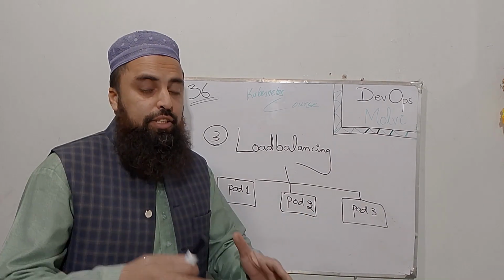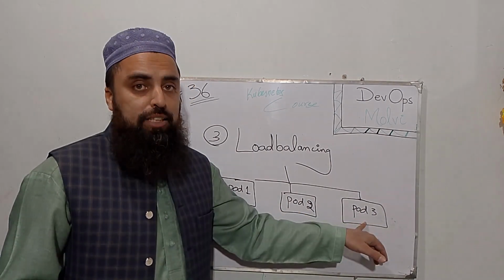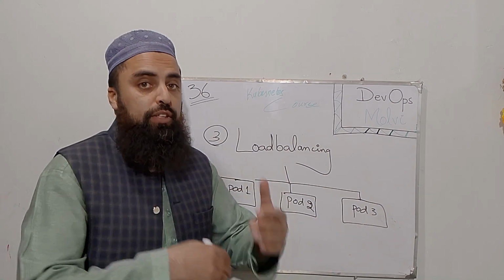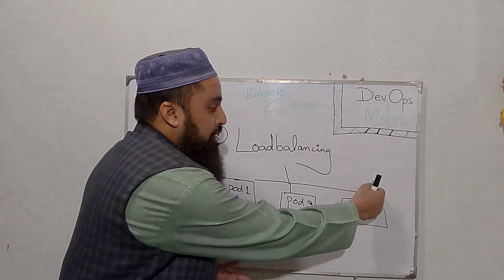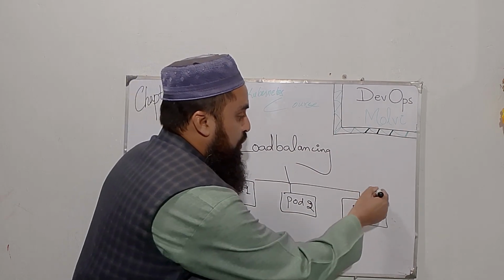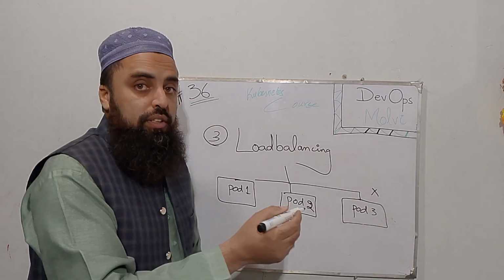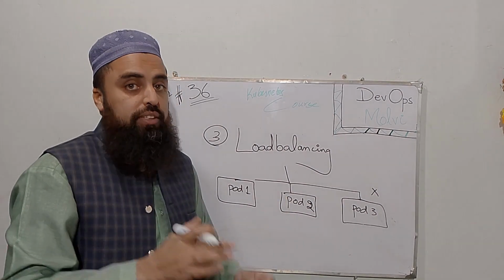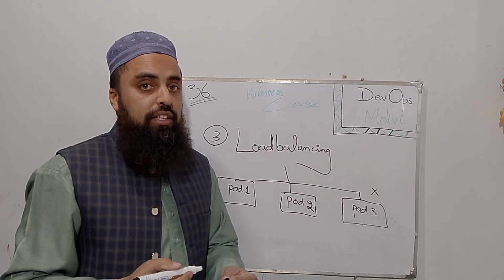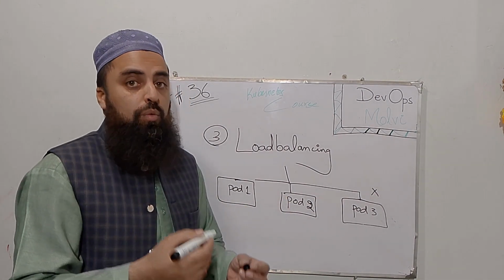Now for instance, due to some issue, this pod has crashed. That is also our fourth feature, which is known as self-healing. So that pod is no longer working. Now our traffic should be routed to these two pods because they are in good health. That's how load balancing works.